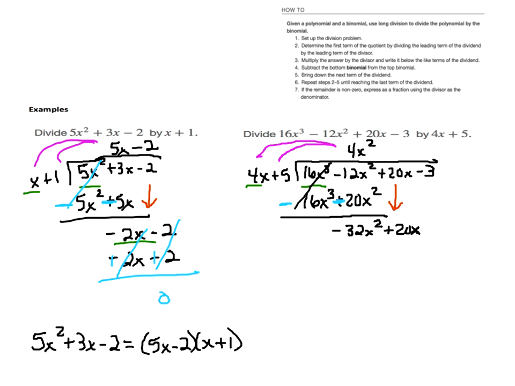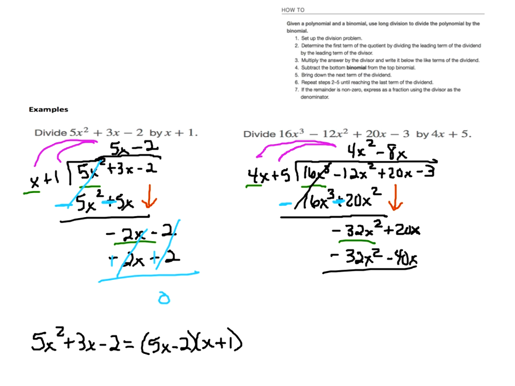I'm ready once again to focus on first terms. What do I need to multiply 4x by to make negative 32x squared? That is negative 8x. Negative 8x times 4x is negative 32x squared. And negative 8x times 5 is negative 40x.